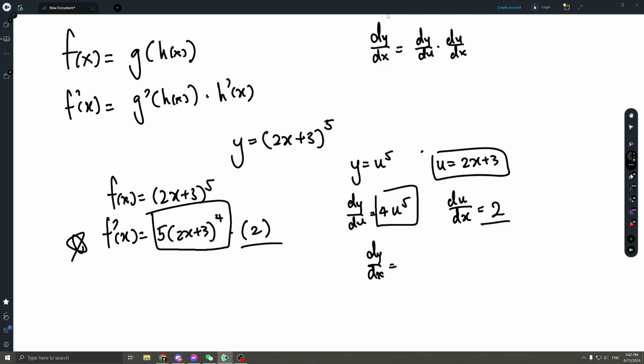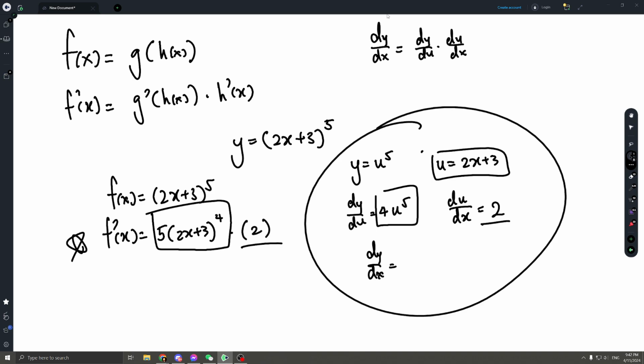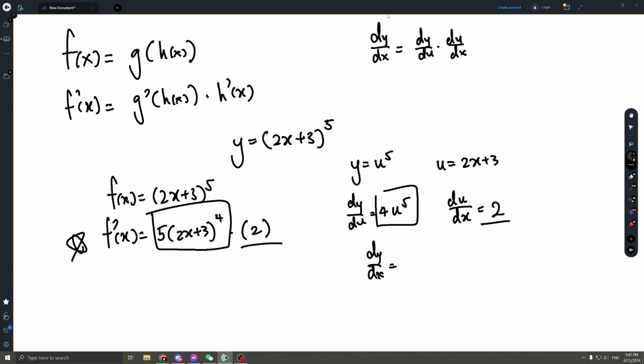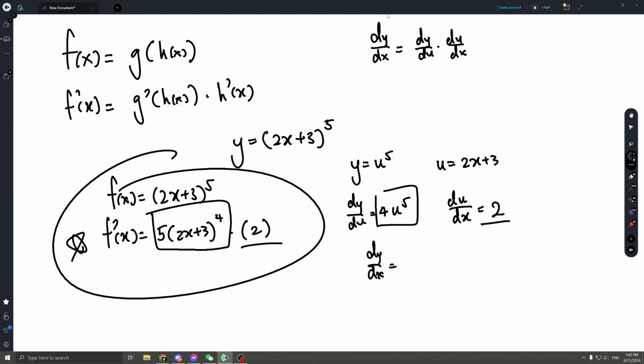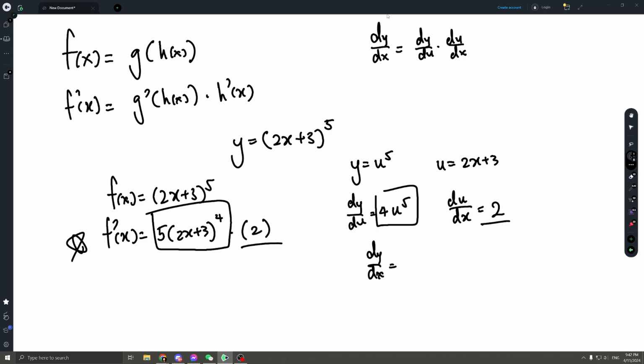But the advantage of this over this thing is that if you get this wrong, you just can't do the question, so you know something's wrong, right? But if you pick the correct inner function, then the question will work out for you. So in that sense, this is more algebraic. But this is longer because you have to set up two equations and then differentiate them separately and multiply them together. Whereas for the left method, it's faster, but you have to do more things in your head, basically.